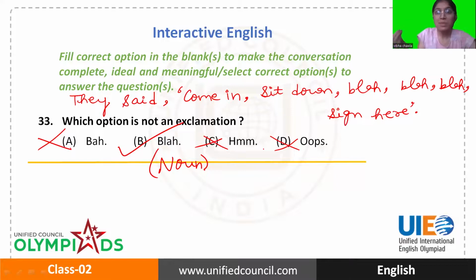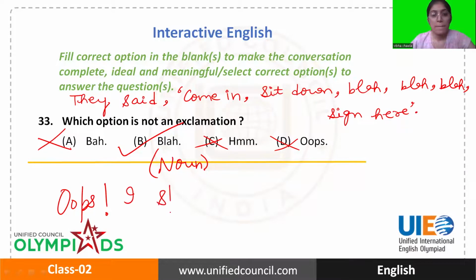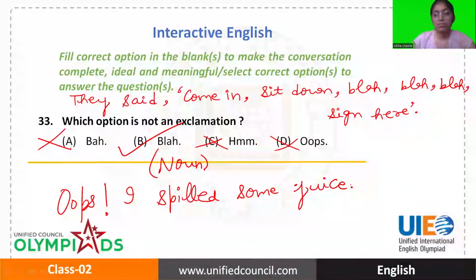Okay. Oops, I spilled some juice, like that. So you see, oops is used when you have had a slight accident or broken something. So that's when you use oops.